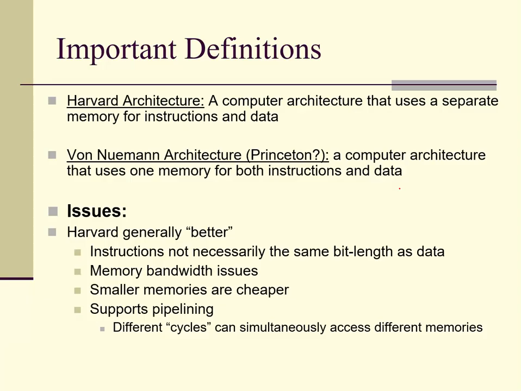Harvard is usually considered better. One issue is that, although we don't see this in RISC-V, sometimes the width of the instructions is different from the data widths of general memory. Harvard architecture also does better with memory bandwidth issues because there are two memories rather than one. Smaller memories are generally cheaper, and it supports pipelining. You'll see later that RISC architectures also support pipelining.